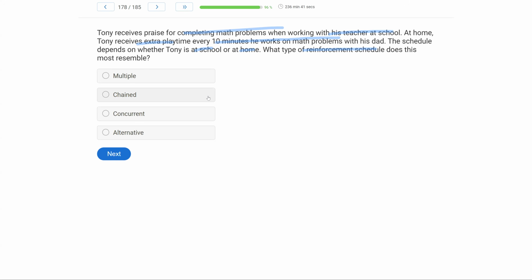Concurrent is when you get a choice, when you have two schedules for two behaviors. Tony is not necessarily choosing, it just depends on the context. And then alternative, when we have to either complete one schedule or the other. In this case, it's just two schedules dependent on the situation. The type of reinforcement schedule that this most resembles is a multiple.